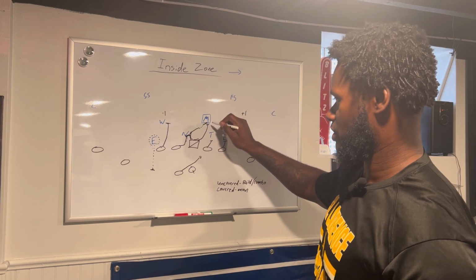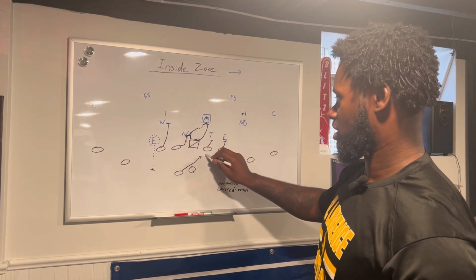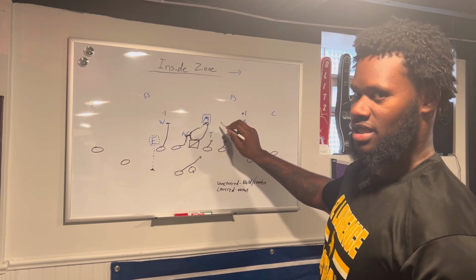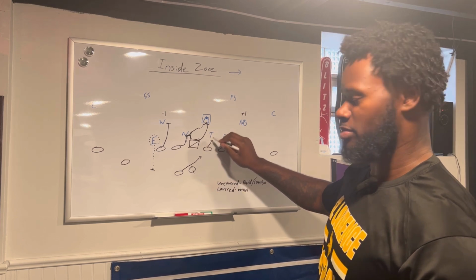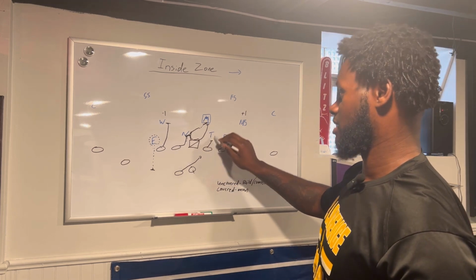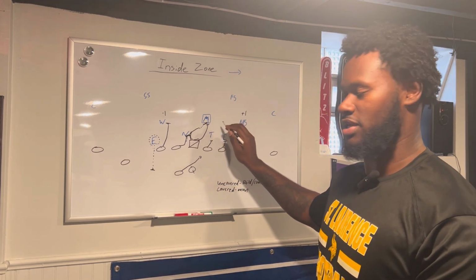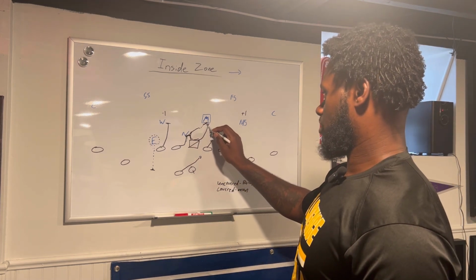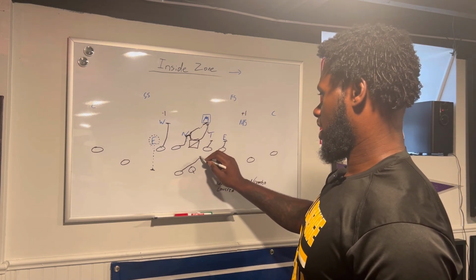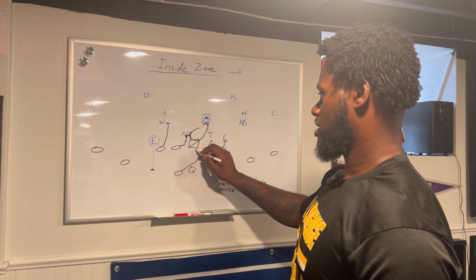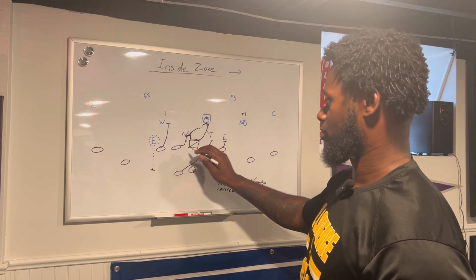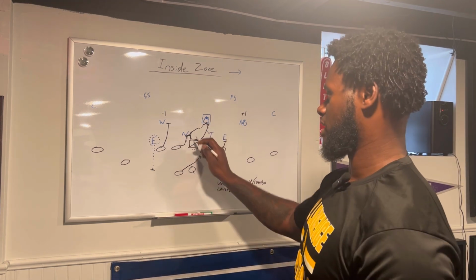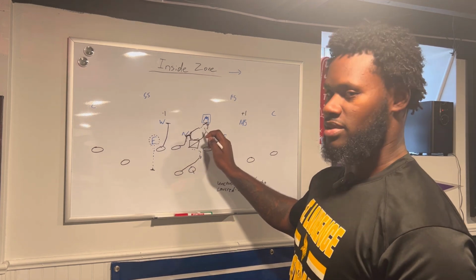If this Mike linebacker is shooting the gap, we might have to scoot outside of this, depending on the movement that our 3 technique is getting, or that our play side guard is getting on our 3 technique. Or if this Mike is coming down, he's triggering pretty hard, our back might be able to cut back, and we'll be able to read these cutback lanes based on the momentum of the down lineman.